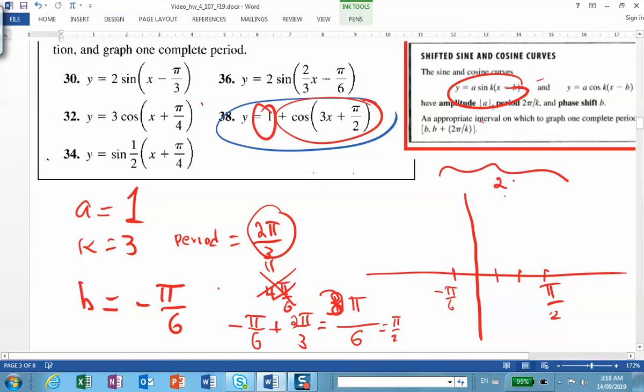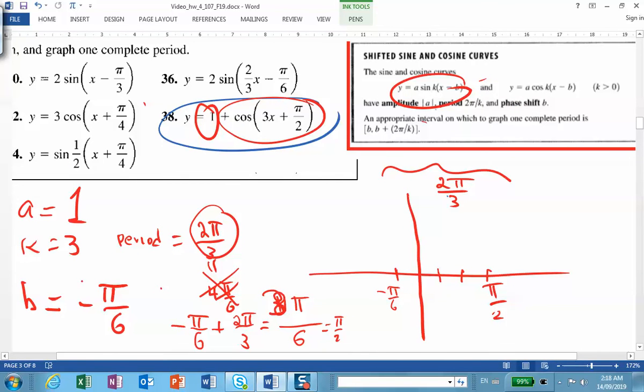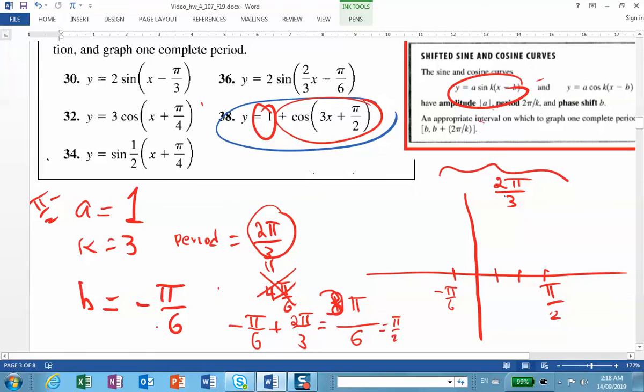Believe it or not, if you take pi over 2 and subtract pi over 6, let me do it on the side for you. Pi over 2 minus pi over 6, it better be 2 pi over 3, and it is. I suggest you work it out.